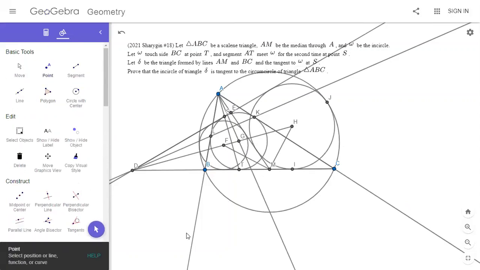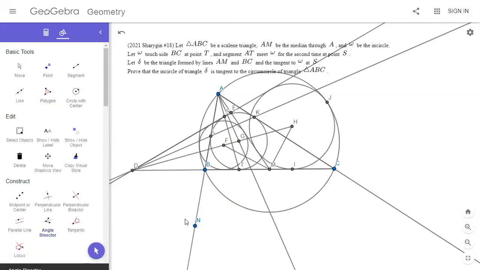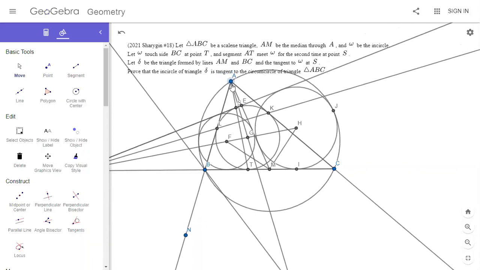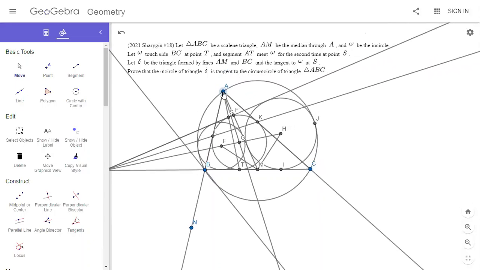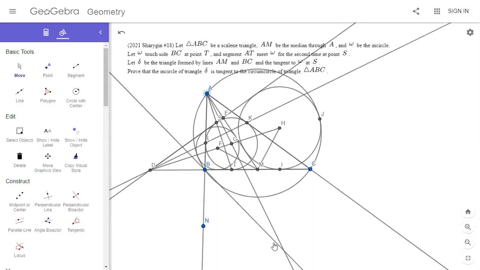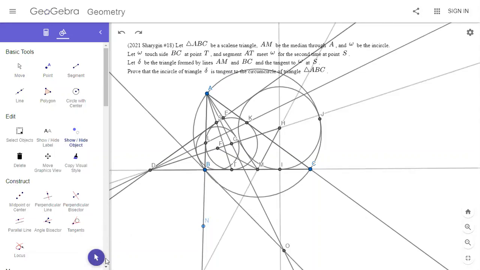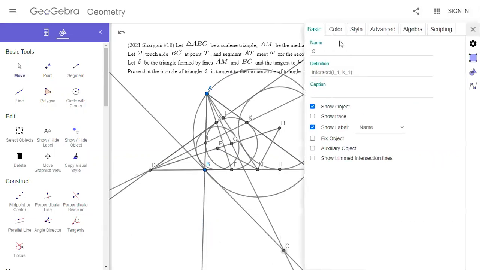Let me try to make it look better. So we have the excenter here. Actually, I don't need point N. Or wait, what did I just do? So we could call this IA.